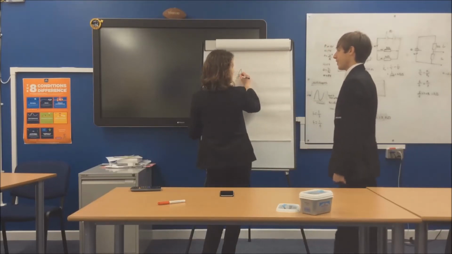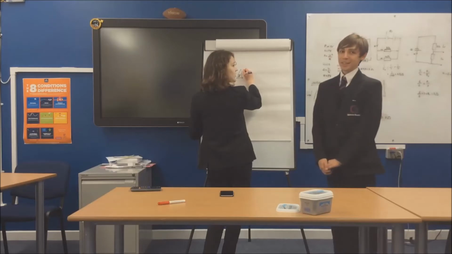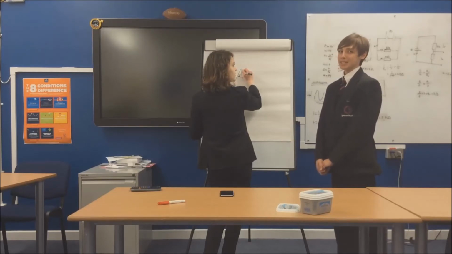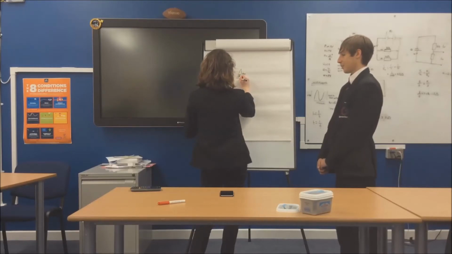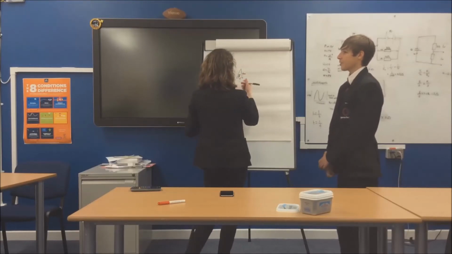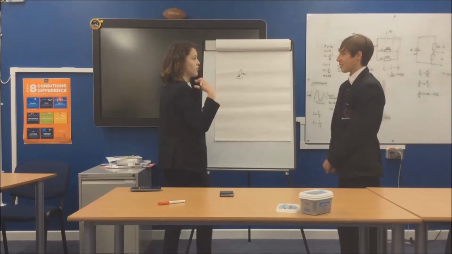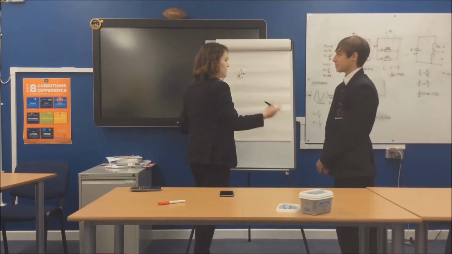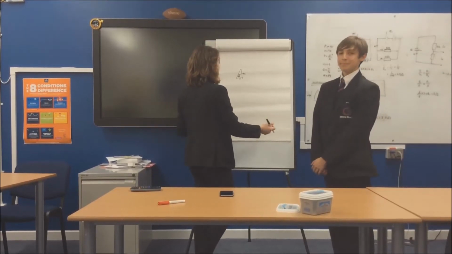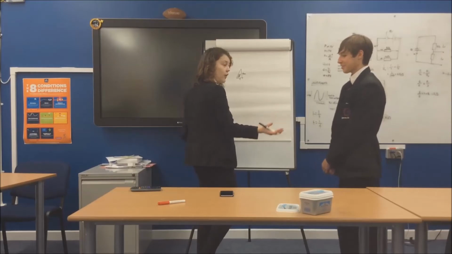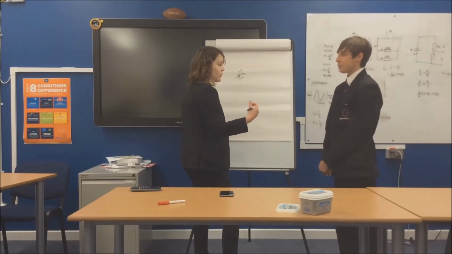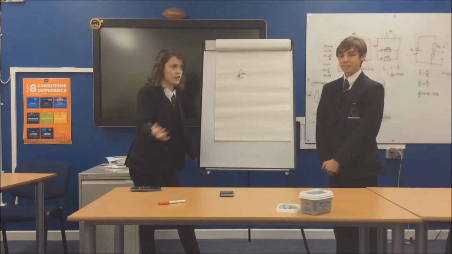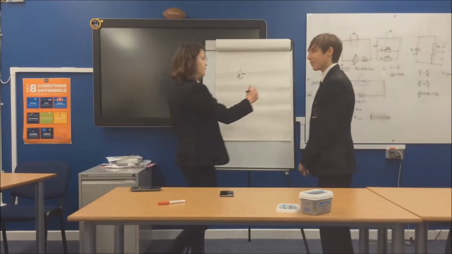The opposite is going to be 7 meters, and then you have to work out the length, and that is when you use cosine, sine, tangent. But when you have an angle and you want to find out what the angle is, that is when you would use your inverse cosine, sine, tangent.